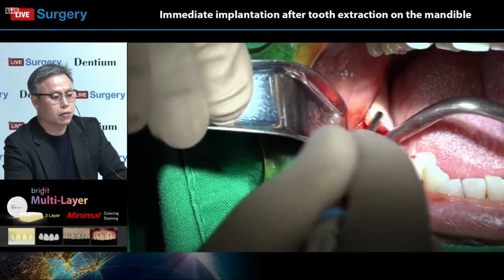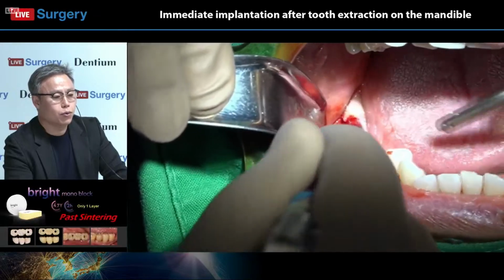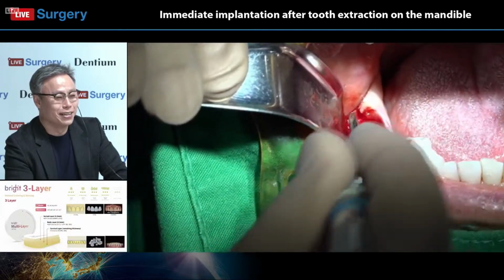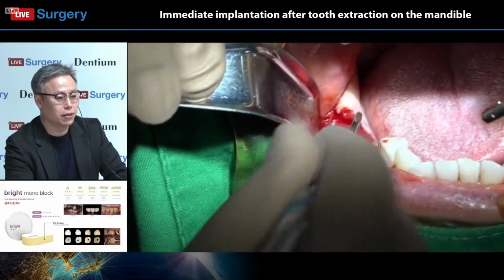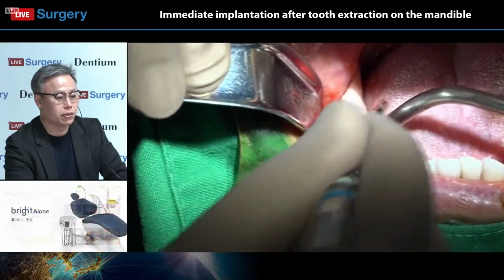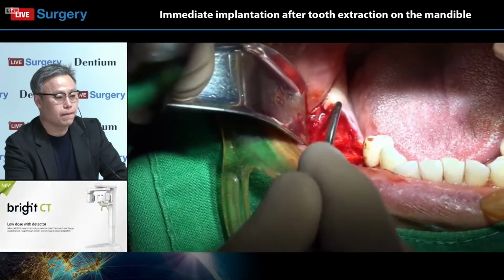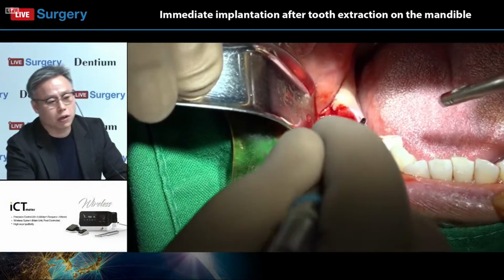Delicate skill. I don't see any more granulation tissue, but he keeps removing, scraping the extraction socket. Okay, it's very important for a better result. Using some small tip, right?